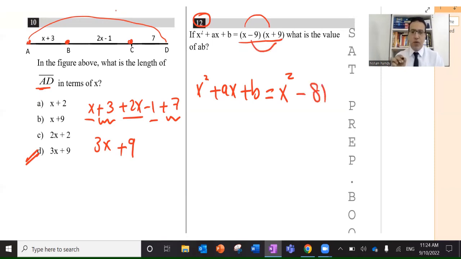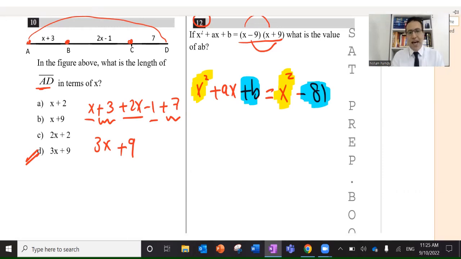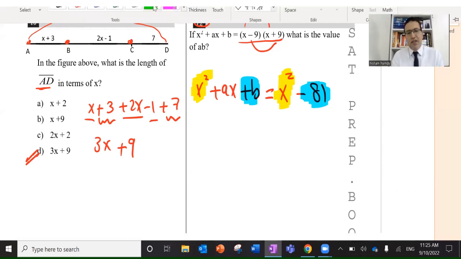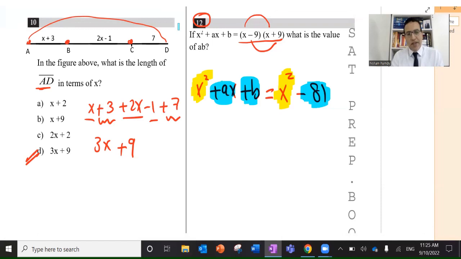So it's very important to understand when you multiply two terms what gives you 3, or when you multiply two terms what gives you 2. As we compare the left with the right, here I have x squared. Positive b, I have negative 81. But for ax, I don't have any term with ax on the other side.